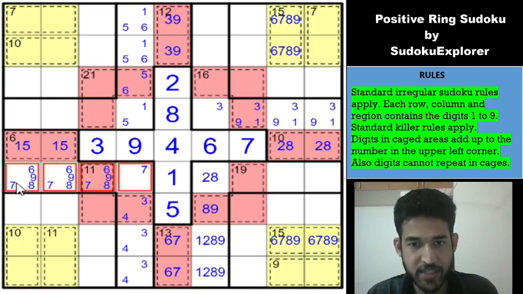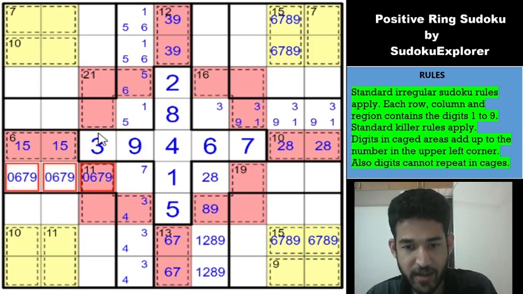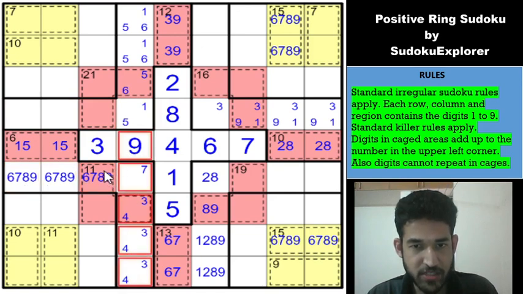And 7 inside these 4 cells and 9 inside these 4 cells. So which means that basically these 3 cells will be comprised of 6, 7, 8 and 9, right? Let me remove the corner pencil marks. 6, 7, 8 and 9. Because 8 is not going to be inside these 3 cells, so 8 goes here. And 9 is not going to be inside this cell, so which means 9 goes inside this irregular region, so 9 comes here.